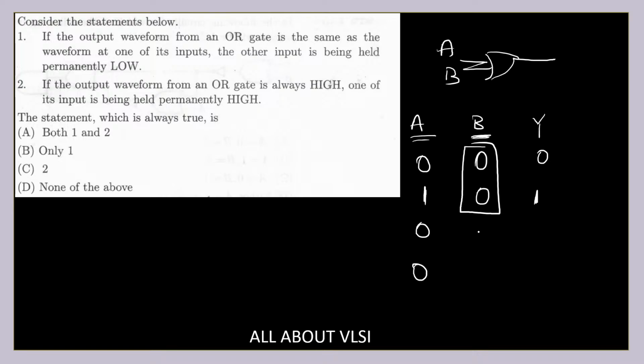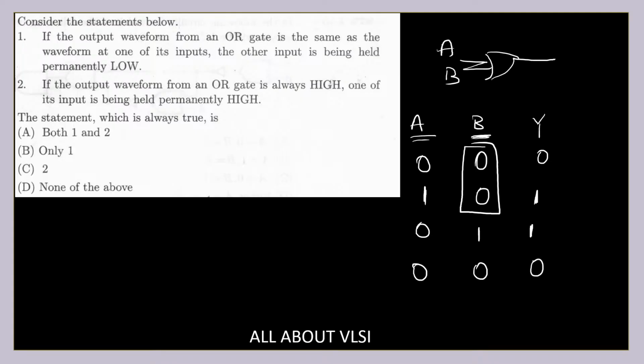If B is equal to 1, we are going to get Y equal to 1, and B is equal to 0, we are going to get 0. Okay. So that is what we get if the output waveform from an OR gate is the same as the waveform at one of its inputs, the other input is being held permanently low.